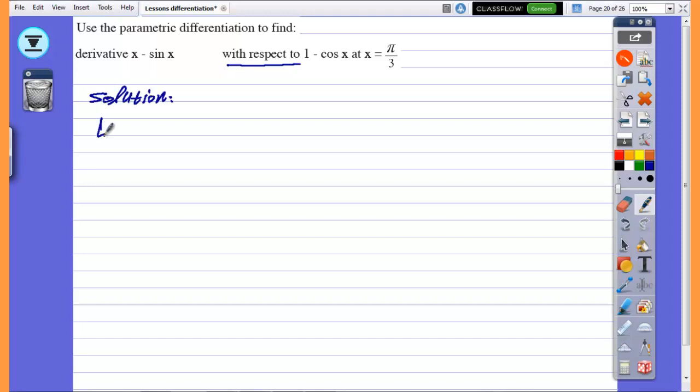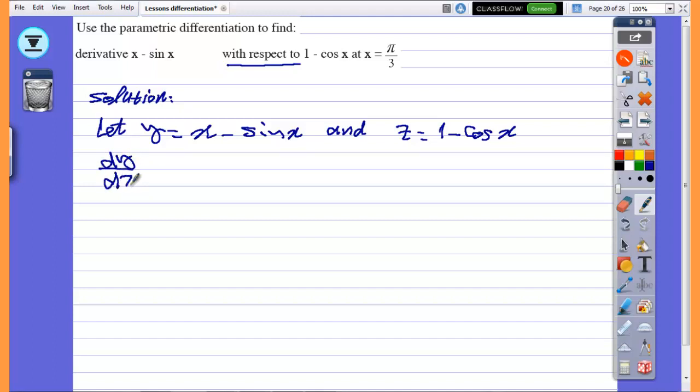Solution: let y equals x minus sine x and let z equals 1 minus cosine x. So the requirement is to find dy/dz.